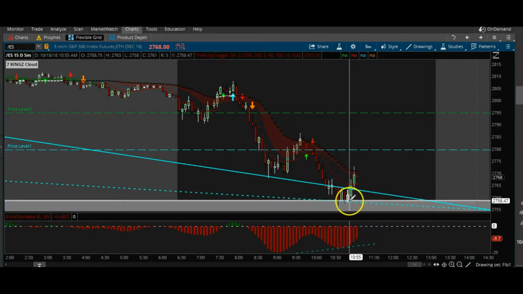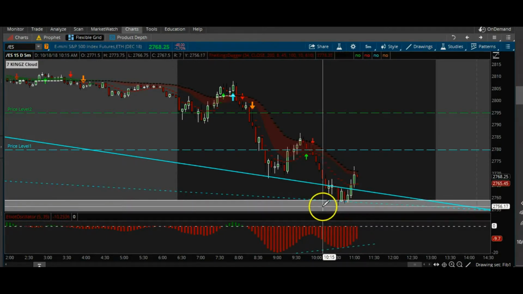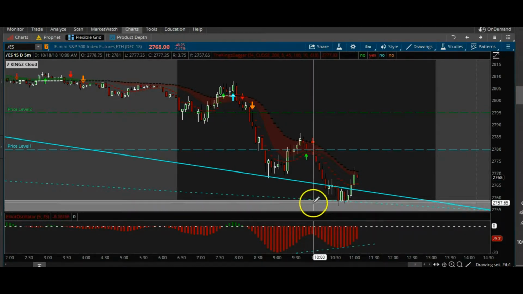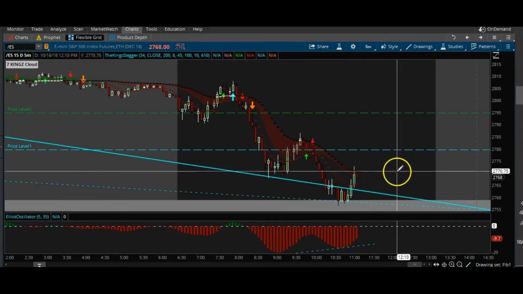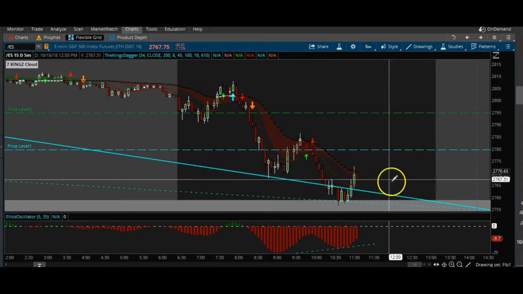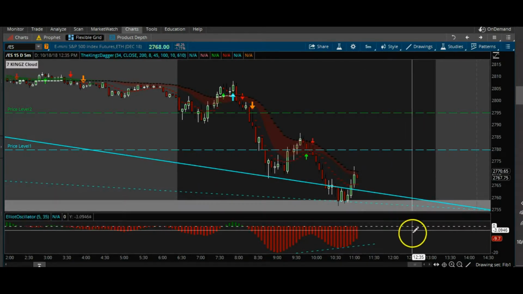This is where I set my order. And as you can see, it got below. At that point, I didn't get filled in Nadex at 27.60 just because the indicative price and the market price didn't get to where I wanted, but I wanted to make sure I got filled. So I'm pretty close.